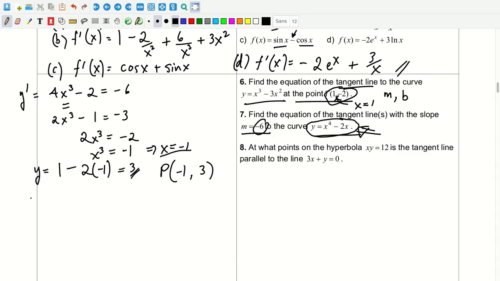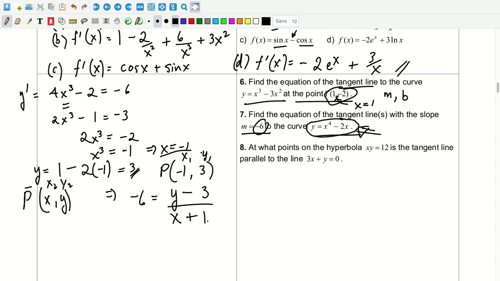Okay, and so now I've got x1, y1, and I'm going to generate another point, P bar, x, y. Okay, and this is going to be x2, y2. Sounds good. And so my slope equation will be negative 6 equals y2 minus y1 over x2 minus x1.